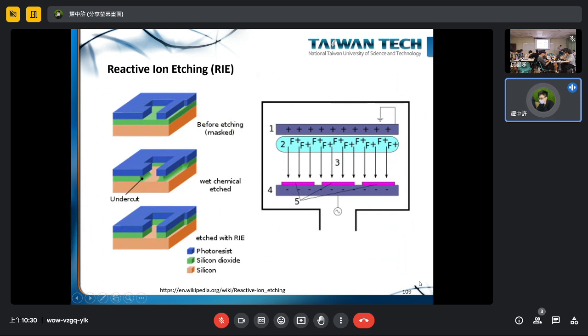And this is reactive ion etching. Reactive ion etching is where we use reactive ions, or sometimes people say dry etching, to react with the exposed wafer, so we can come up with a hole at a certain region. On top, the photoresist is for protection.